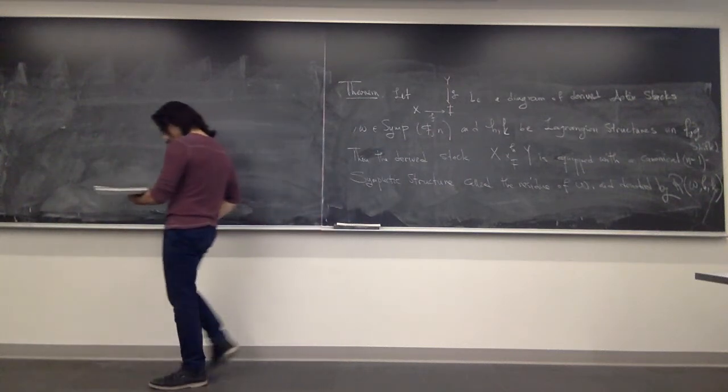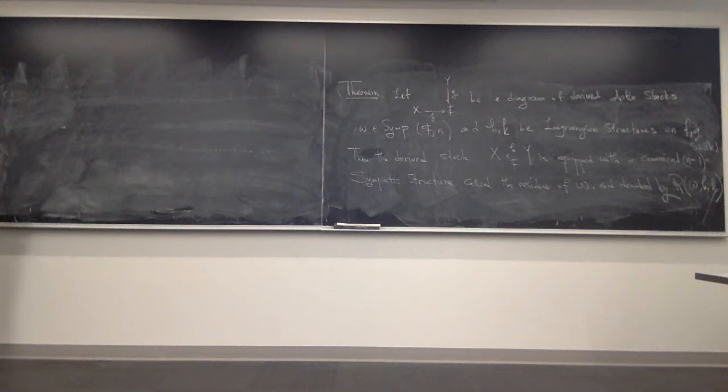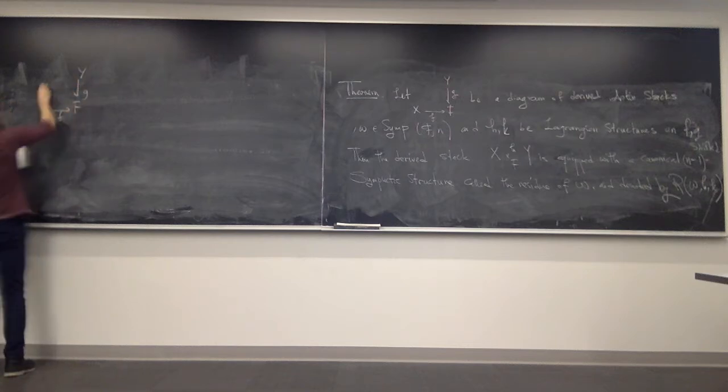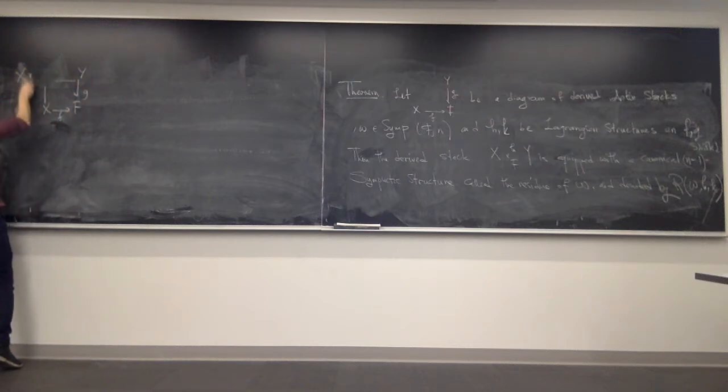Okay, good. So how do we see this? Maybe a sketch of the proof is the following. So you have X going to F, Y going to F and G, and you have the homotopy fiber product over here.